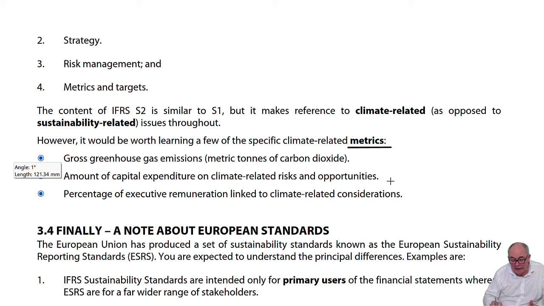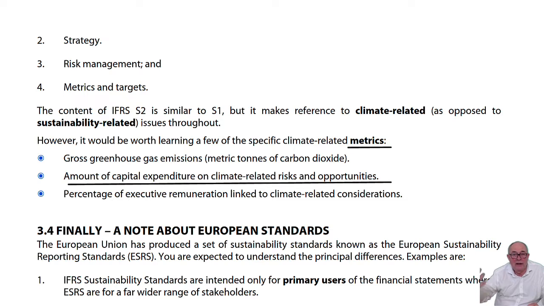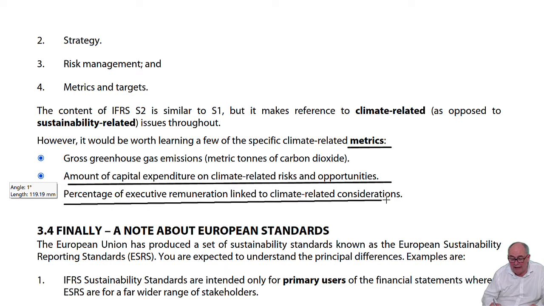How much money have they spent on non-current assets which link to climate change? What proportion of the bonus of management is linked to climate-related issues? That would be learnable.